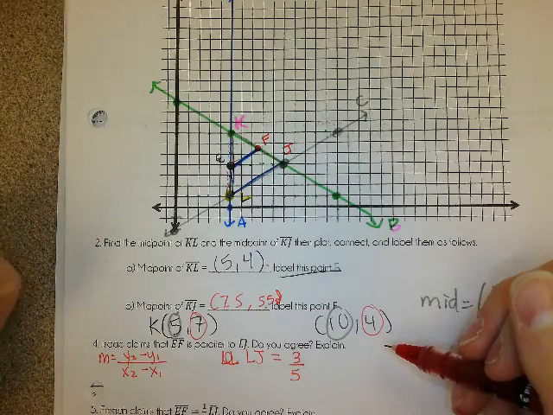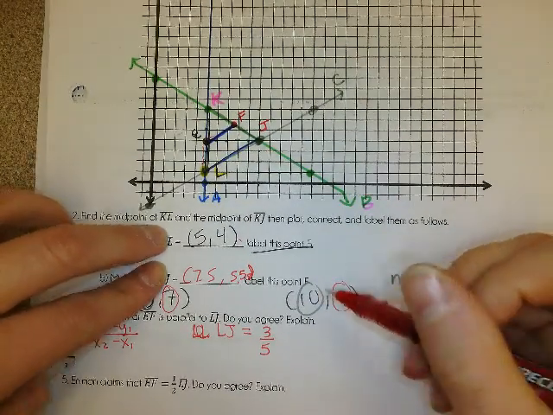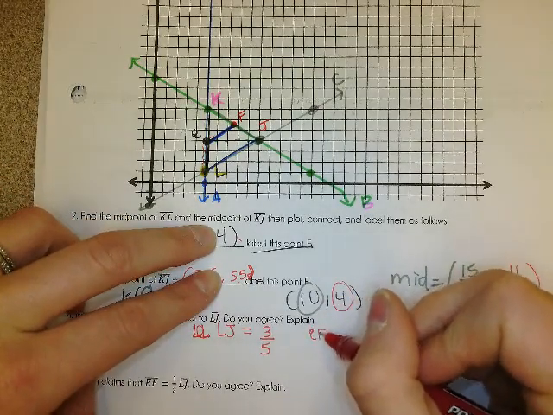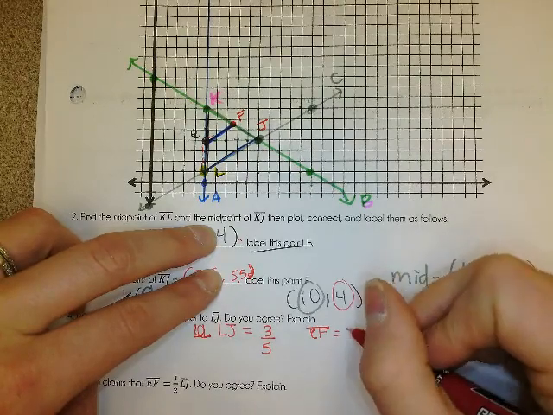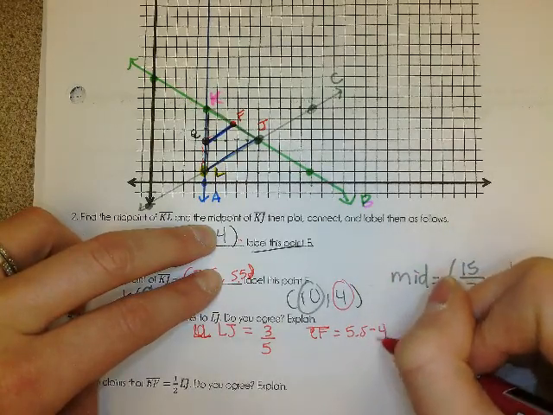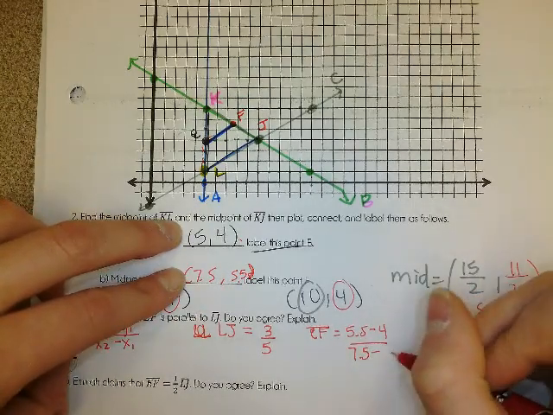So for E and F, I have y2 minus y1 over x2 minus x1.